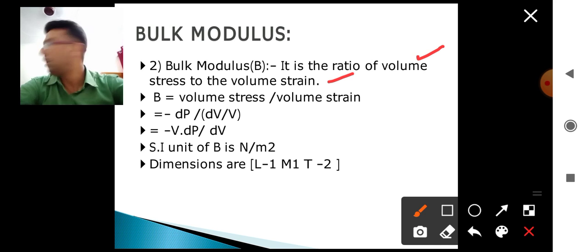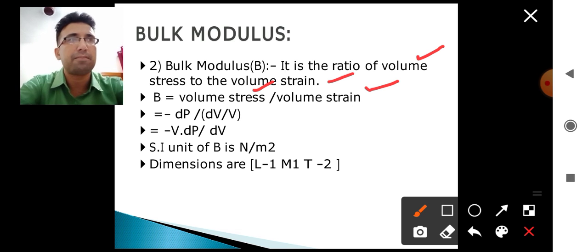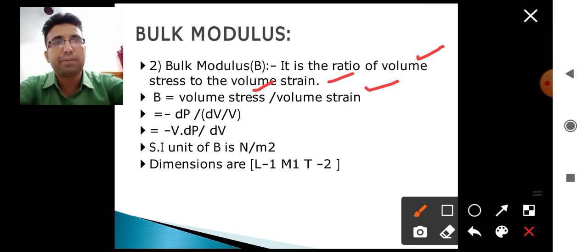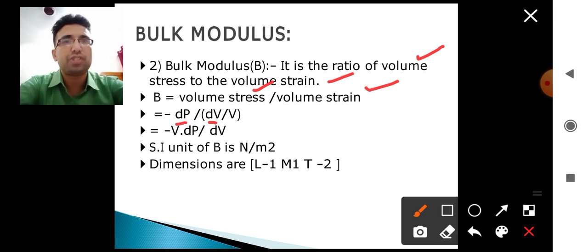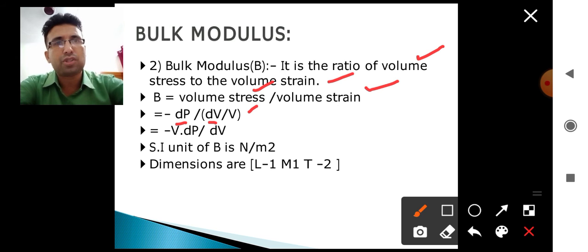B is equal to the volume stress divided by volume strain. Volume stress is simply the increase in the pressure on the body, represented by dP, and dV will represent the change in the volume of the body divided by the original volume V. Most of the time there is a decrease in the volume of the body, due to which there is a negative sign here.